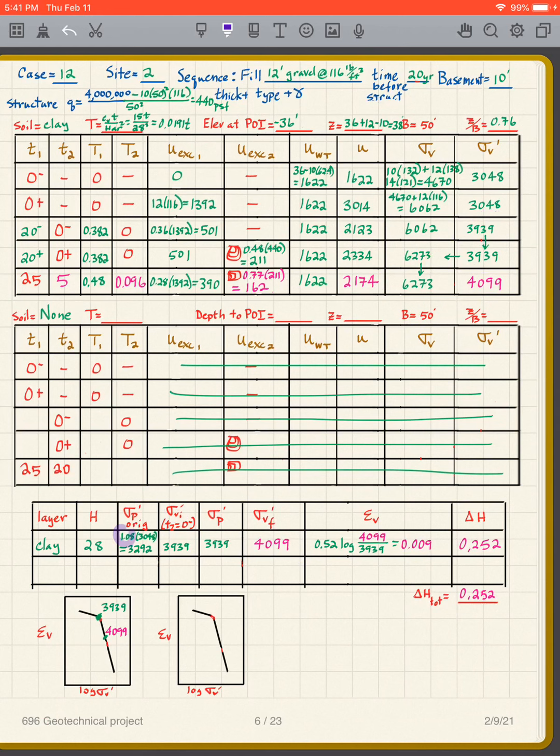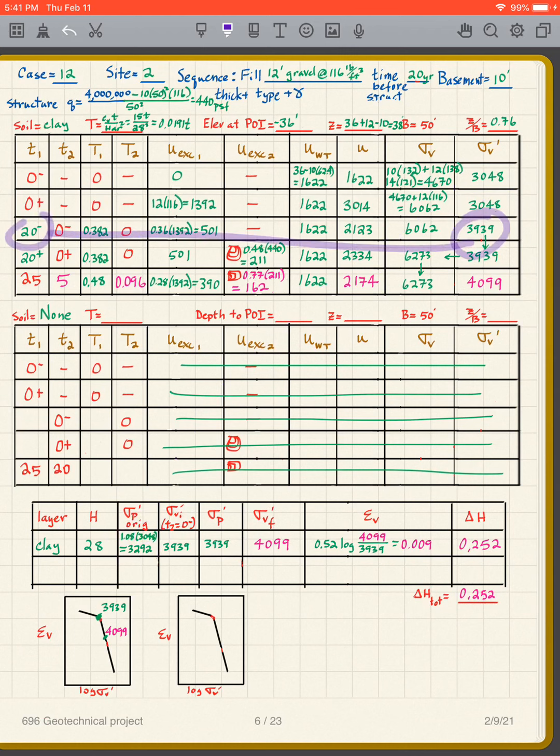It's my 1.08, which is the given OCR, times the 3048. So there's the 3048. This is my OCR as given. So that comes out to be, so before we did anything at the site, the maximum stress at our point of interest was 3292. But then we put the fill on for 20 years.